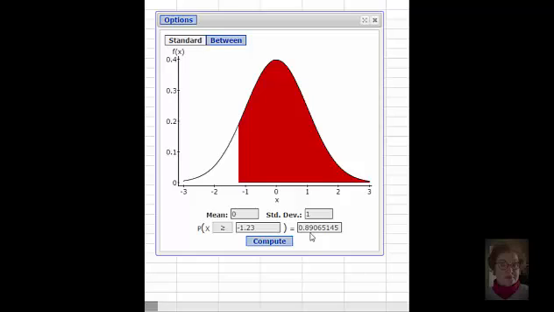So there's no looking up a number. Do I have to take it away from 1? Can I read the number right off the table? It does it correctly. And again, about 89% of the time, when the true temperature is 0, our thermometer will read a negative 1.23 degrees or above.